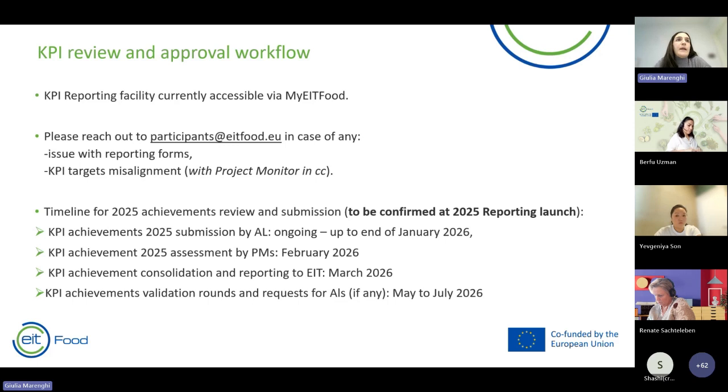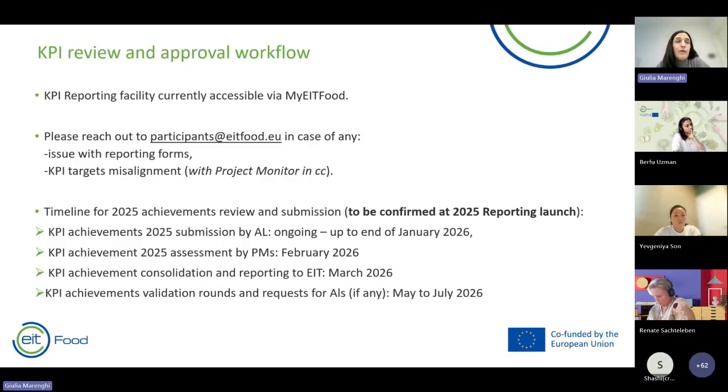Then there will be the consolidation of the achievements that will have been reported and reviewed by the project monitors, from business operations. So this is a third layer of check that is performed before the final reporting to the EIT. The deadline for this exercise is March, but it will be performed on a rolling basis.